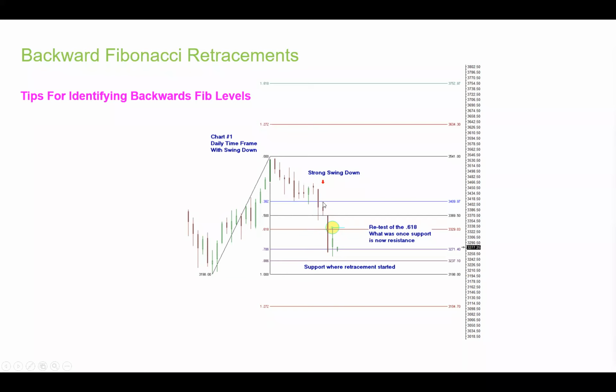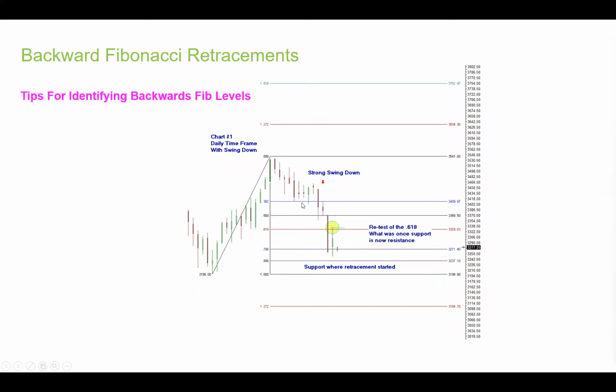And it's, of course, the theory that what was once support is now resistance, and what was once resistance is now support. And it works using the Fibonacci ratios, especially if you can create a Fibonacci ladder like what I have here. I keep these on so I can see those levels and monitor the price with them.